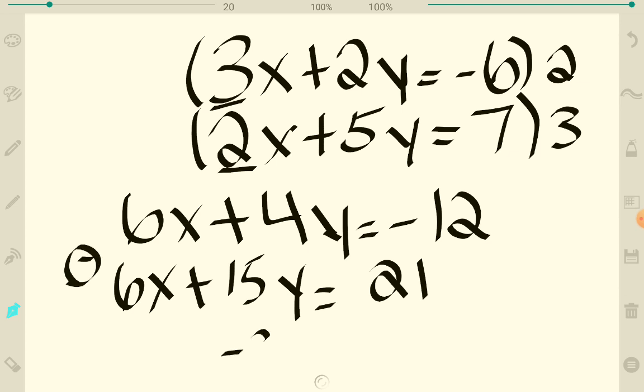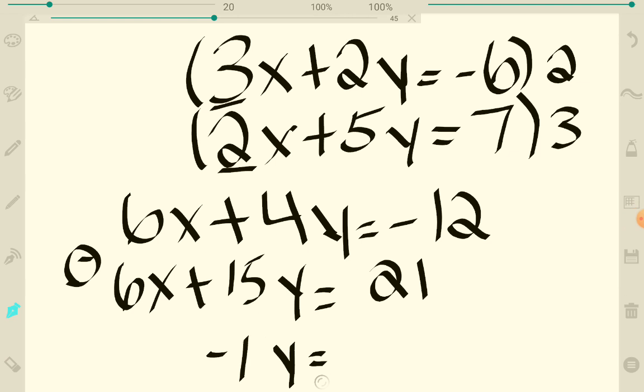Then I get negative 11y, because 4 minus 15 is negative 11, and this side is negative 12 minus 21, which is negative 33.